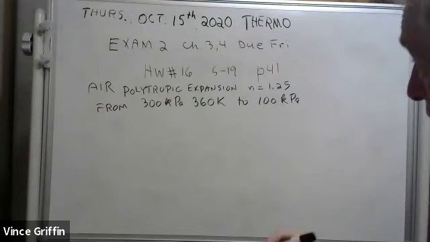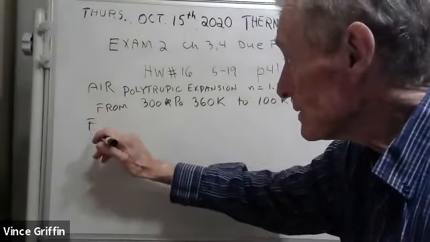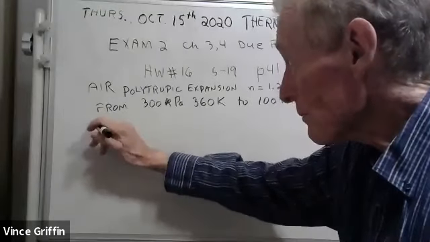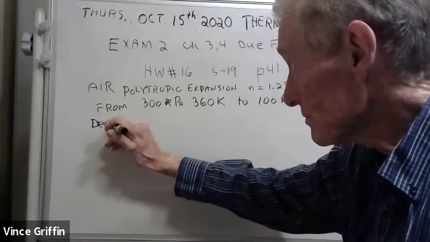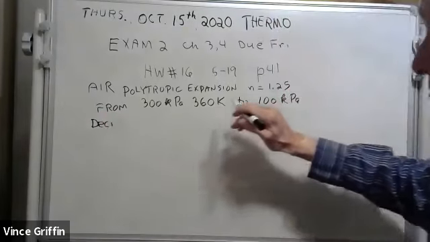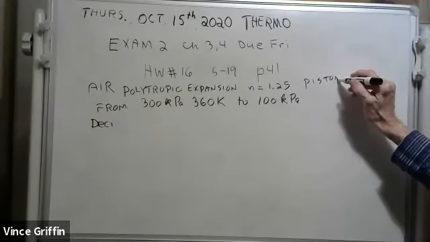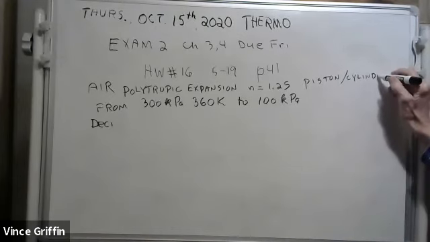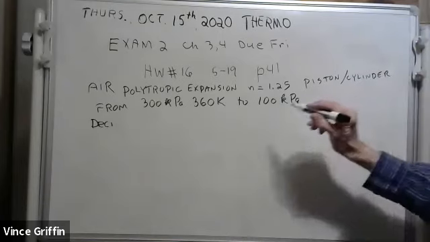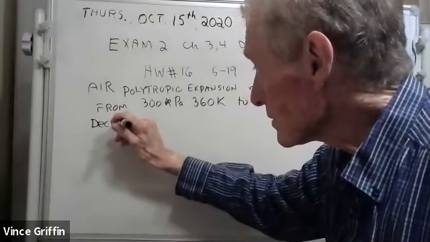Well, we could do a lot of stuff. We could do the device sketch. It's in a piston cylinder. Let's make a note of that. And we can do a device sketch.